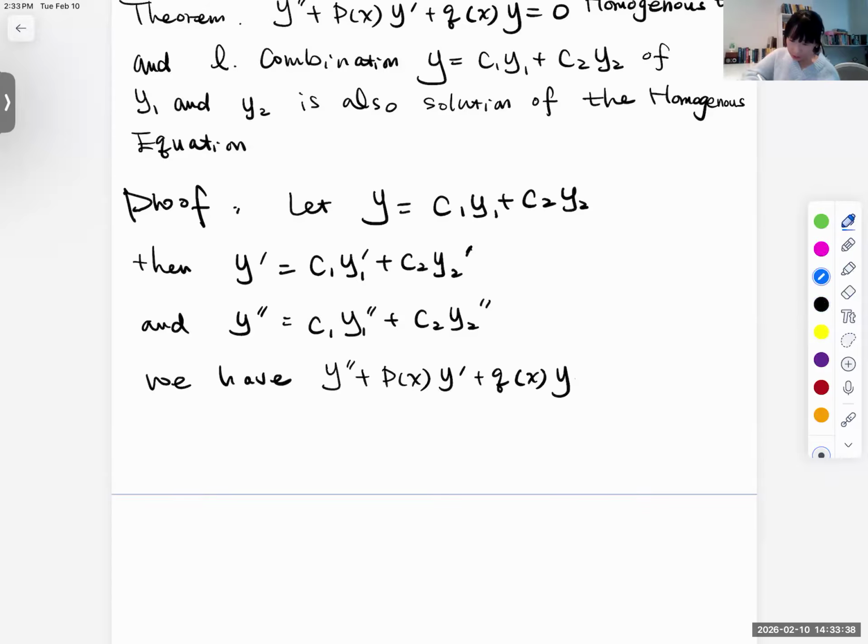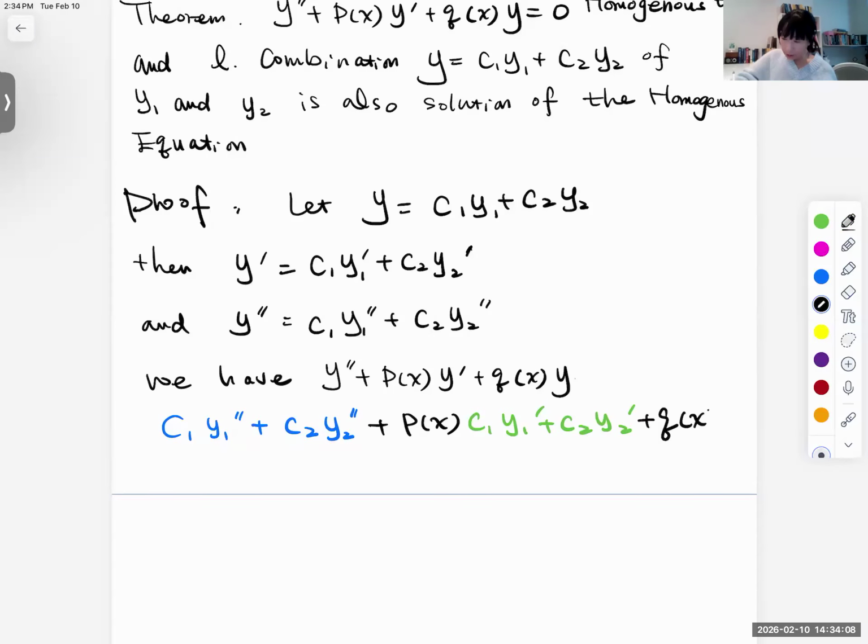So the second prime will be c sub 1 y sub 1 second prime plus c sub 2 y sub 2 second prime, plus p of x times y first prime, which is c sub 1 y sub 1 first prime plus c sub 2 y sub 2 prime, plus q of x times y, but y in that case, right?